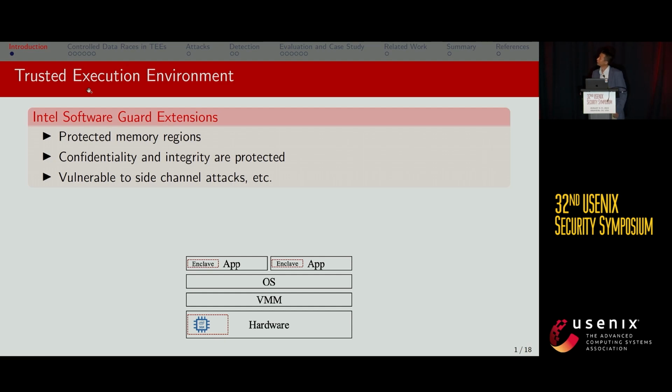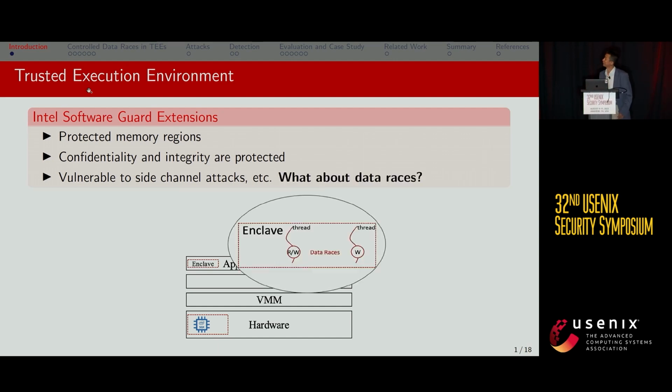And we know the Intel SGX is vulnerable to side channel attacks, such as controlled channel attack. But a natural question is, how about other classic attacks? So in this paper, we investigated the data race in the enclave scenario. You can see we magnified, and within each enclave, there could be multiple threads.